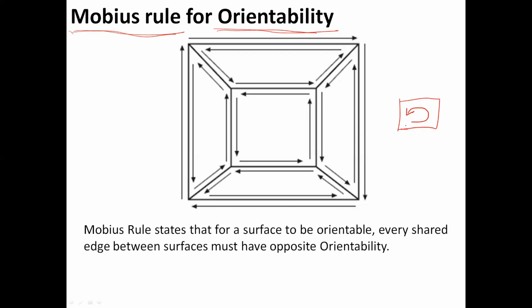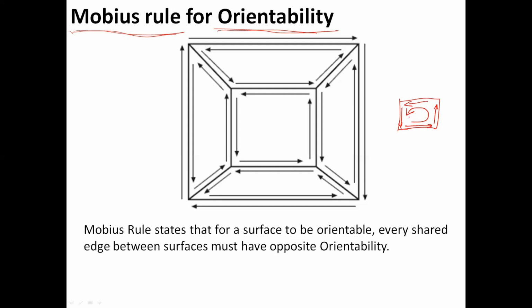So if an arrow is going to be plotted, then the tail of the succeeding arrow should meet the head of the preceding arrow. So this is how the orientability is going to be plotted, and that is how orientability is understood.